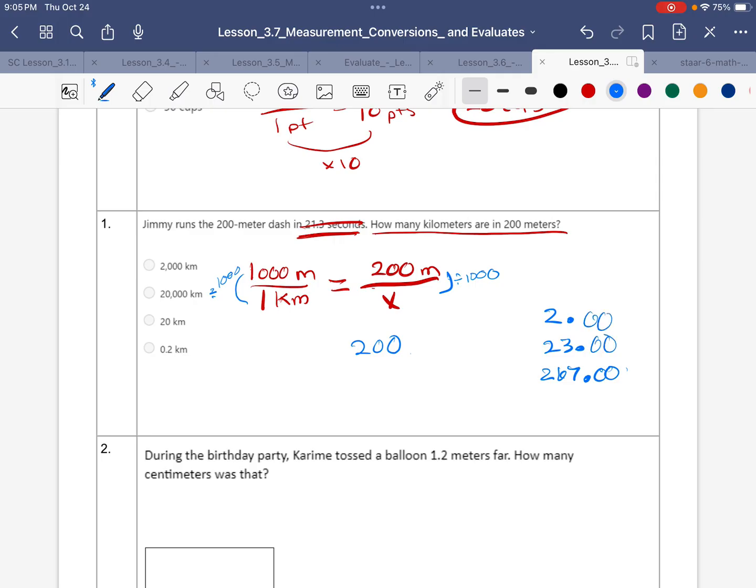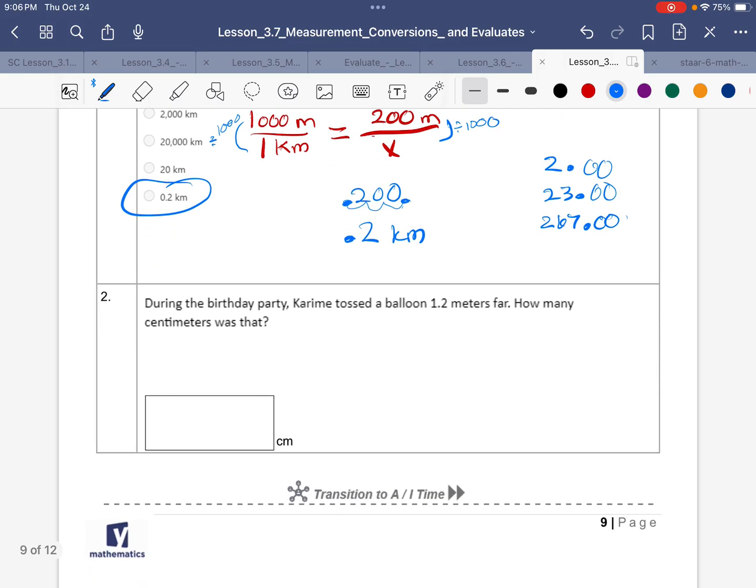So here we got 200, and we have to move our decimal. When we're dividing, it goes to the left. So 1, 2, 3. There's where our decimal goes. So we end up with 0.2 kilometers. Here it is.